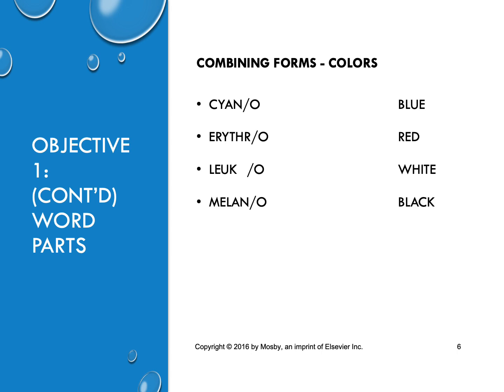Melano is the term or the part that means black. Again, I can use melanocyte as an example. Melanocytes are the cells that give the pigment to our skin.